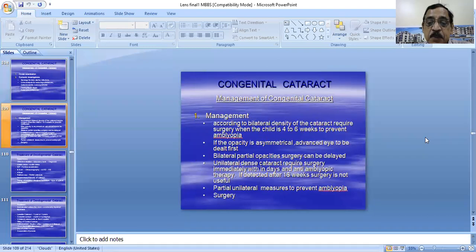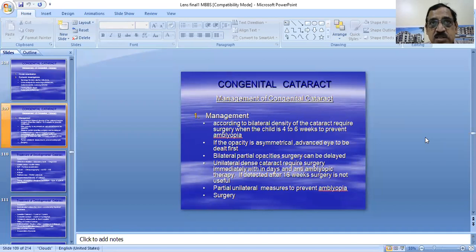Okay, so management of congenital cataract: in bilateral dense cataract, it requires surgery when the child is around 4 to 6 weeks to prevent amblyopia. The management of amblyopia in pediatric cataracts is always an uphill task.